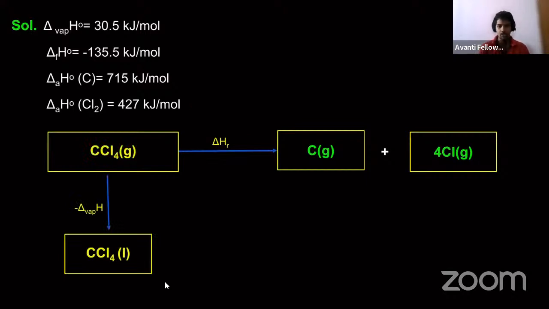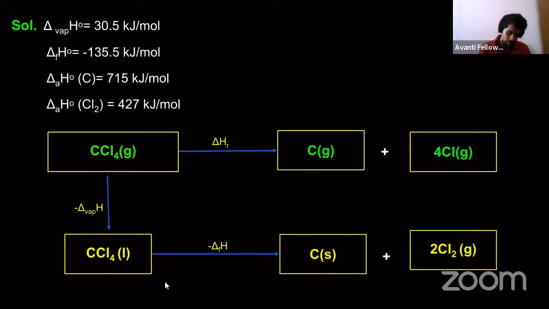This is the main reaction we need to see. Now, divide this reaction into simple terms. From gas to liquid, as it is opposite of vaporization, I'm writing minus delta H vaporization. After that, I'm going to atomize the reaction, that is, simplify the reaction. Exactly opposite of the formation reaction, where carbon solid is the starting point and chlorine gas is the starting point.